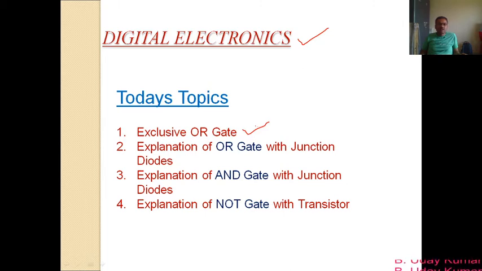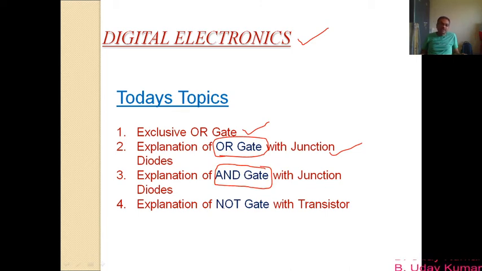I hope you remember that in our earlier videos I told you that we will deal with the working of the OR and NOT gates in our next videos. So if time permits, we will try to understand the working of the OR gate with the help of junction diodes, and also the working of the AND gate with the help of junction diodes.